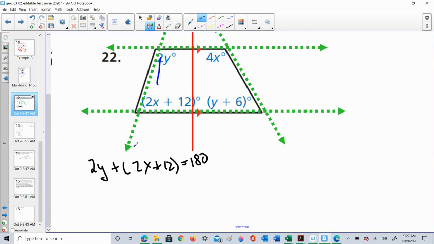I'm going to get y by itself only because I have a single y over here. So how do I get y by itself? Well, I'm going to subtract 2x plus 12 from both sides. 2y equals 180 minus 2x plus 12. And then I'm going to divide by 2, so I get y by itself.